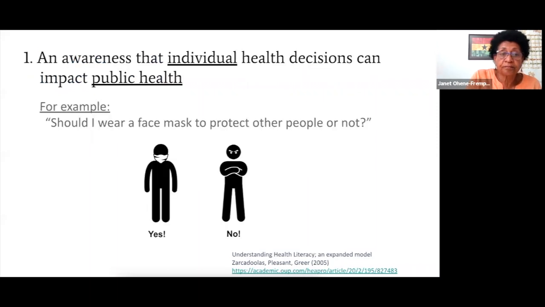And here they are. First of all, an awareness that individual health decisions can impact public health. This is their words back in 2005. This has always been an issue, but it's a real big issue right now. For example, should I wear a face mask to protect other people or not? Well, some people say, yeah, sure, I should. And other people say, no, absolutely not.